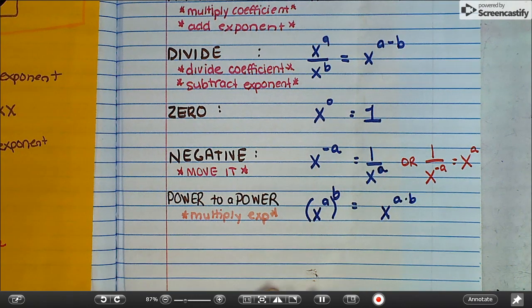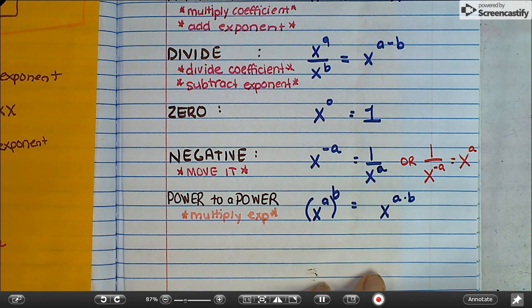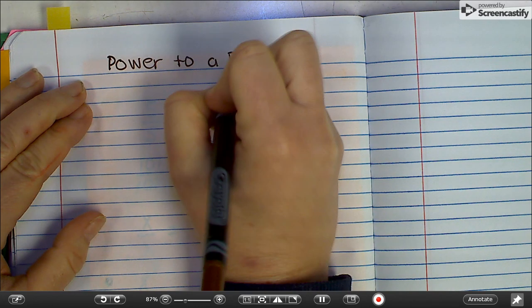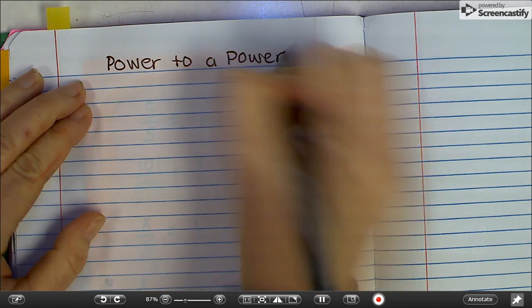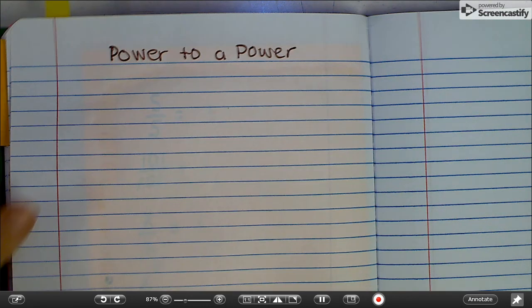All right. So let me give you a couple examples first, and then we will do some examples for everyone of everything. So we'll just have a page here called power to a power. So I can show you the example since we didn't have a chance to do the station about those.